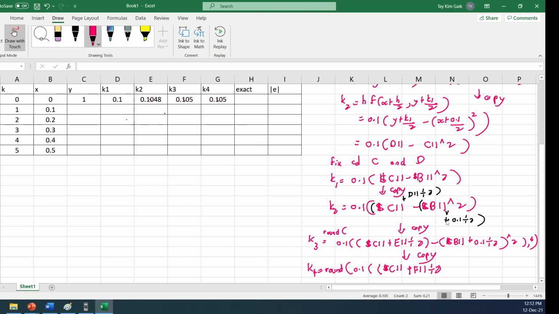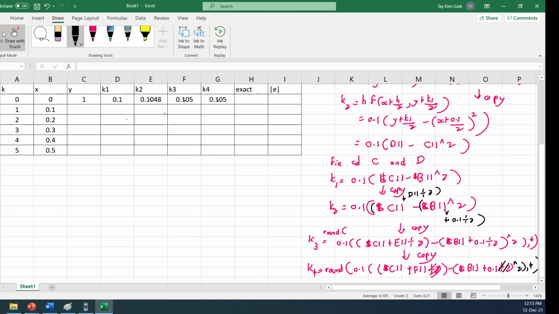F is K3, so you just need to delete the divide by 2. So minus B11, still B11 because you fix the column. Plus 0.1 divide by 2. According to formula, you don't have divide by 2 for K4. K4 is X plus H. Then you just throw away the divide by 2.